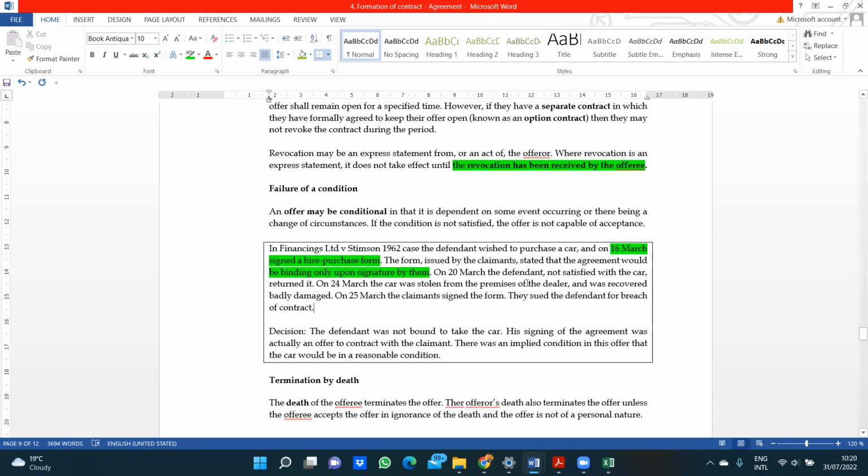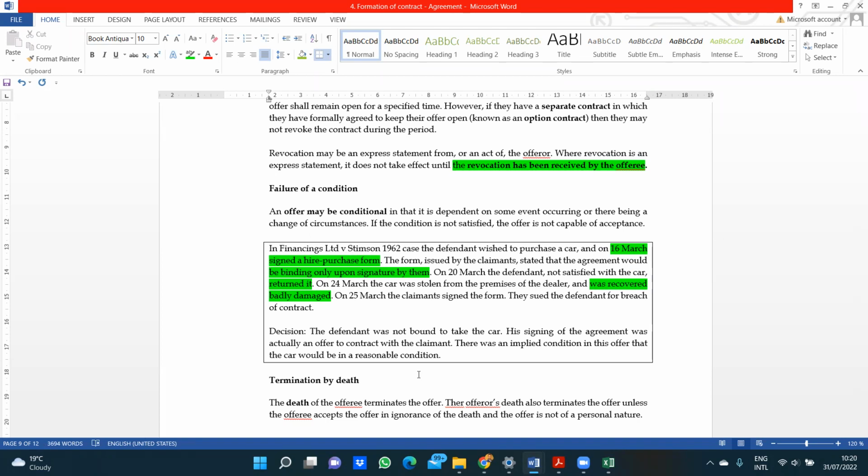On 20 March, the defendant was not satisfied with the car and returned it. On 24 March, the car was stolen from the premises of the dealer and was recovered badly damaged. There are different events that occurred here.